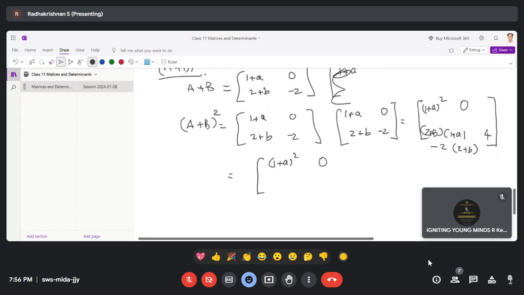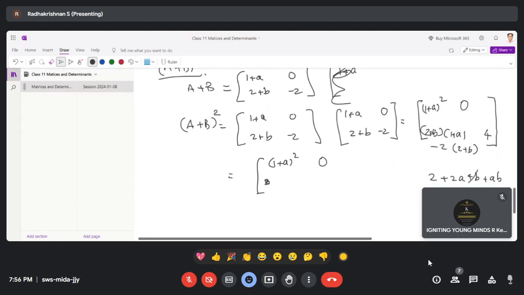This one I will simplify. Okay, 2. I'll simplify it somewhere else and put it here. Okay, 2 plus 2a plus b plus ab minus 4 minus 2b. Okay, so where are the like terms? 2b and b.